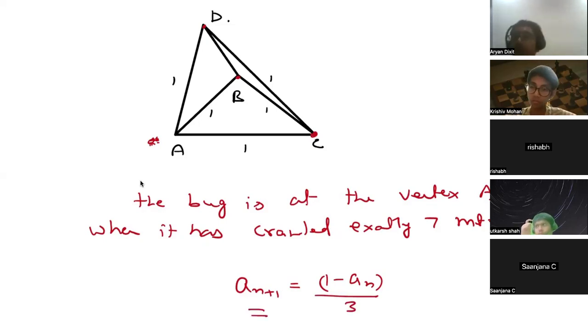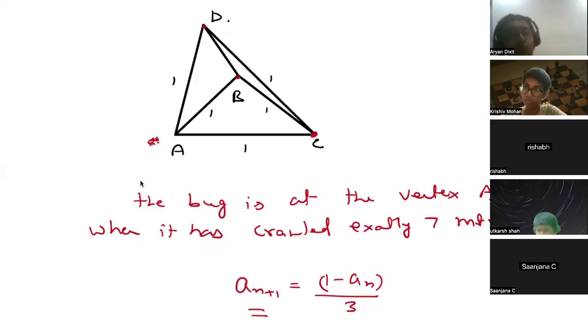For the last move, it has to reach A, right? A to B, B to C. So 100% it must not be at A at the nth move. Then only is the bug able to reach A. Is this okay? Maybe it is at B or C or D, right?